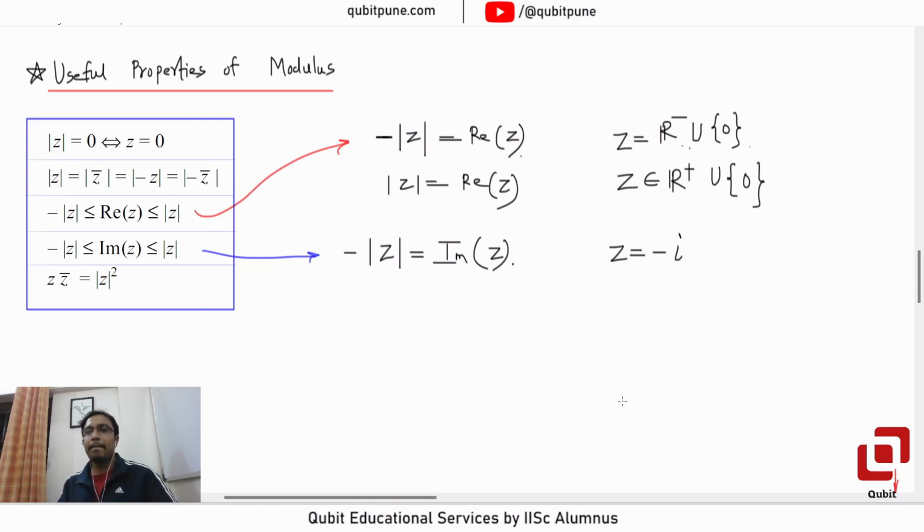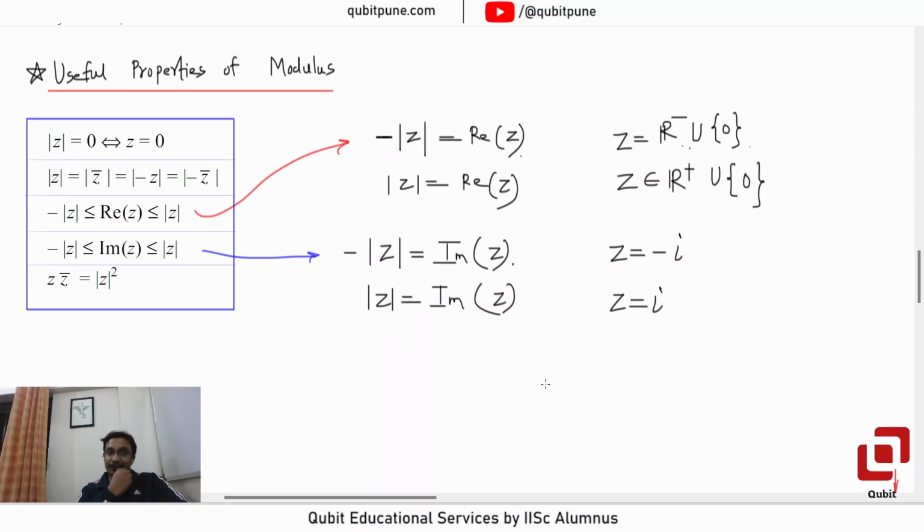Is that right? Yes, so all purely imaginary numbers having negative imaginary part satisfy the equality. That negative of their modulus is their imaginary part. And then what will be mod z equal to imaginary part of z? Purely imaginary numbers with positive imaginary part.